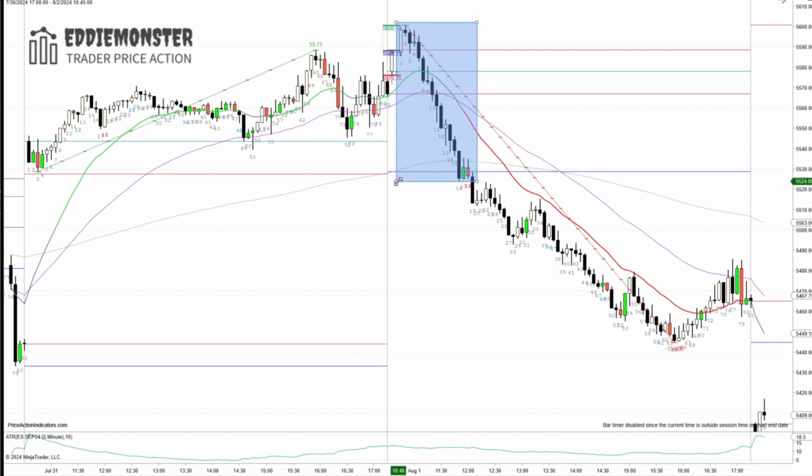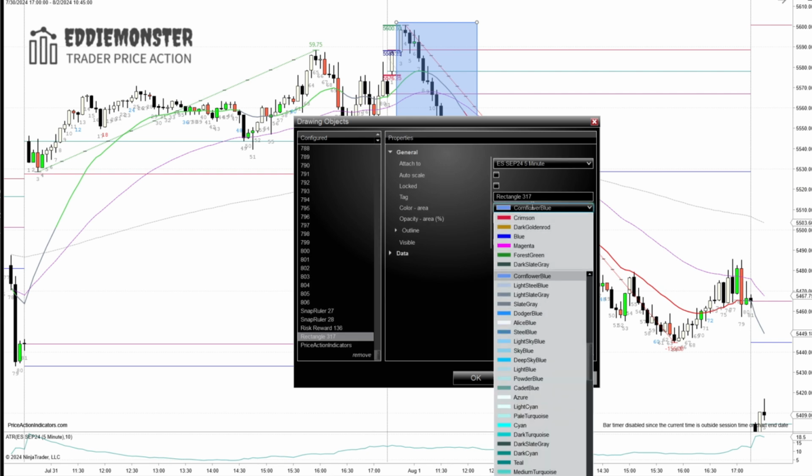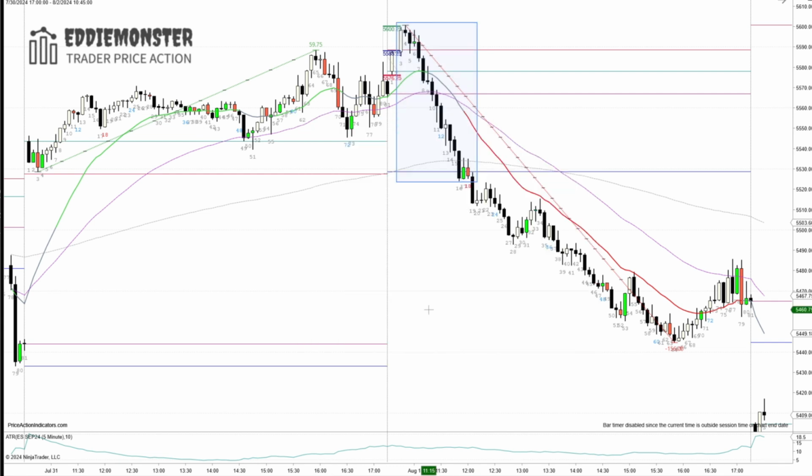You can see we have here 14 consecutive bear bars. Probably it's a strong micro channel, a bear micro channel. Previously we had a range of 60 points, and then we go to a range of 156.